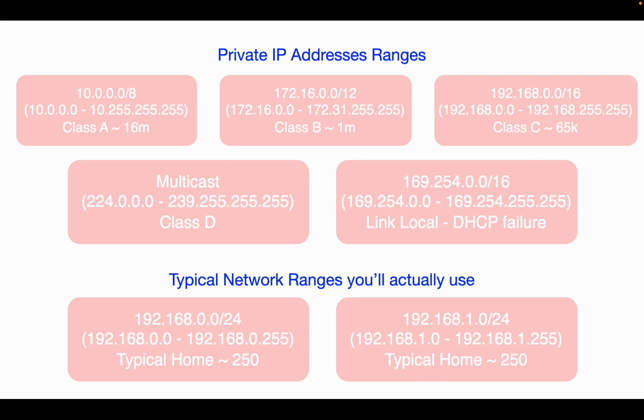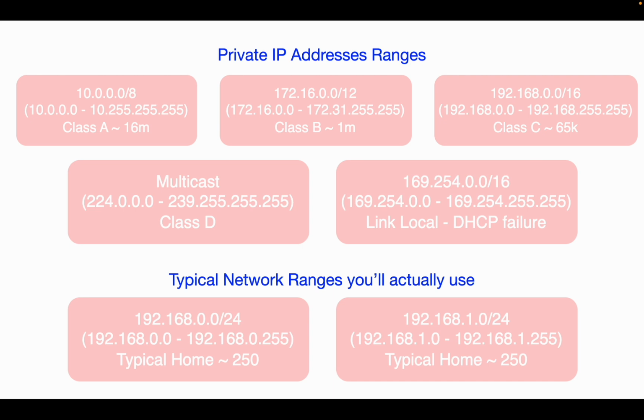So there are some special IP addresses called private IP addresses, and they're what you're going to have at home or in a company. In a large company, probably all your IP addresses begin with 10. That's a Class A network, with about 16 million numbers. That's what most companies use, and they divvy it up into smaller networks, and we'll show you how to do that in a future video.